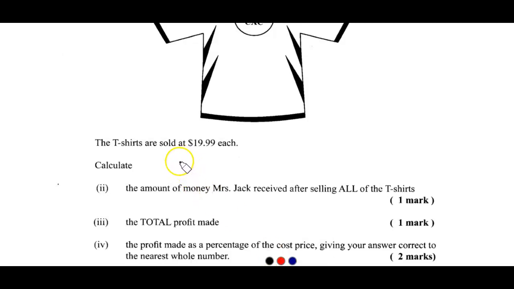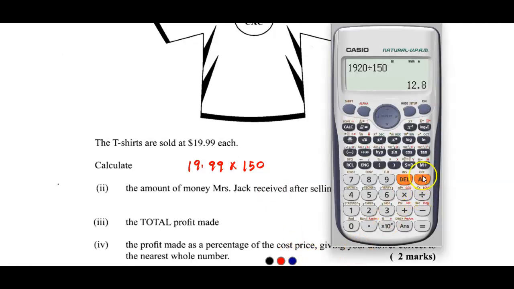So we have 19.99 times 150. Okay, so we can use our calculator to work this out. So that's $2,998.50.